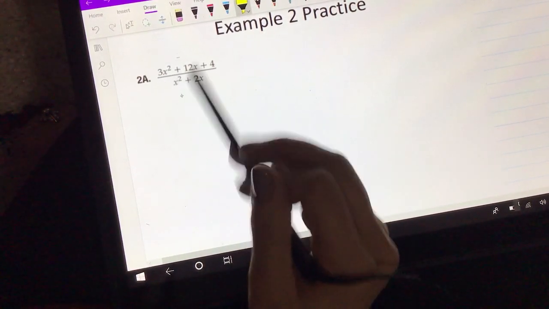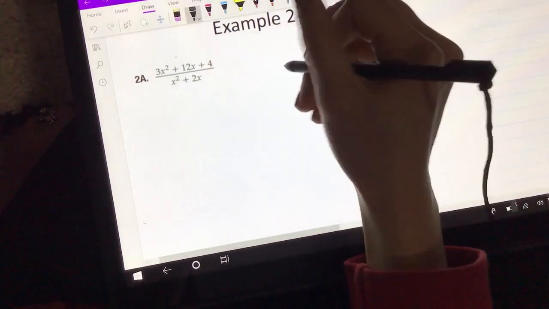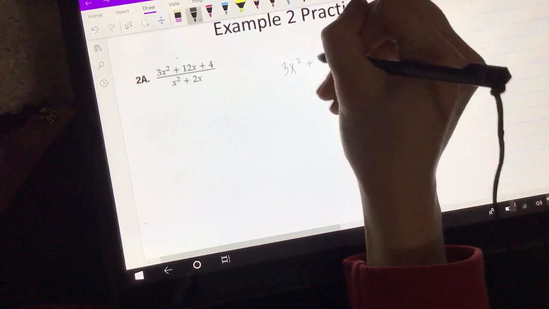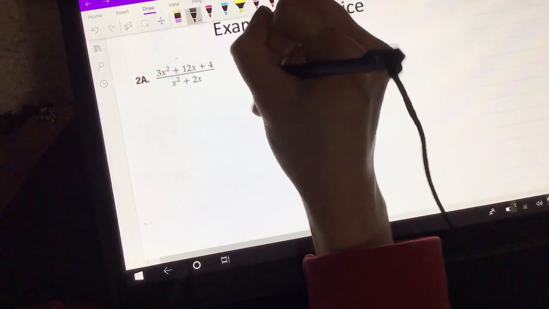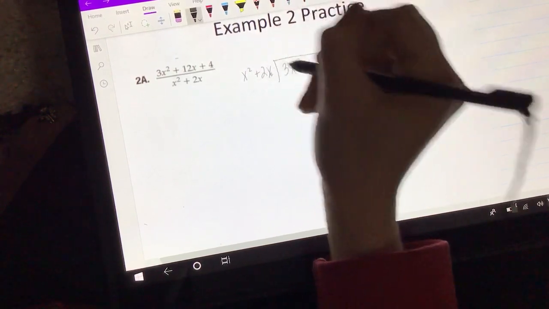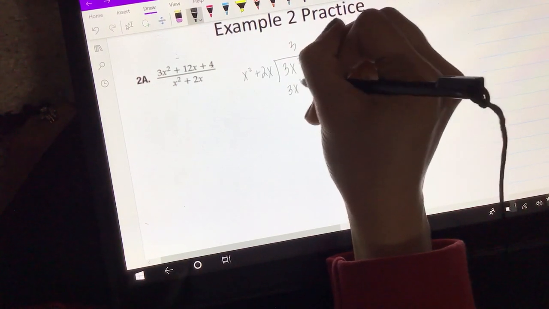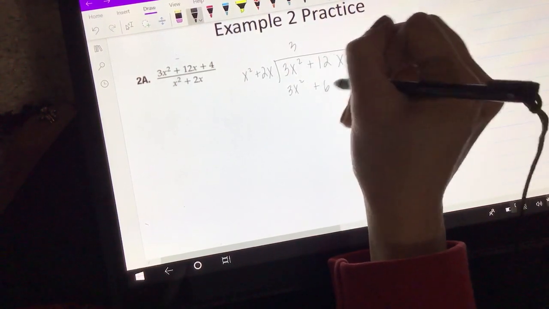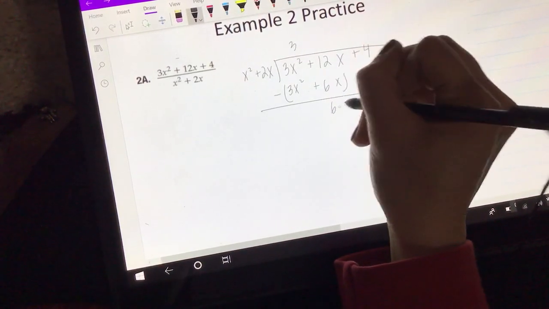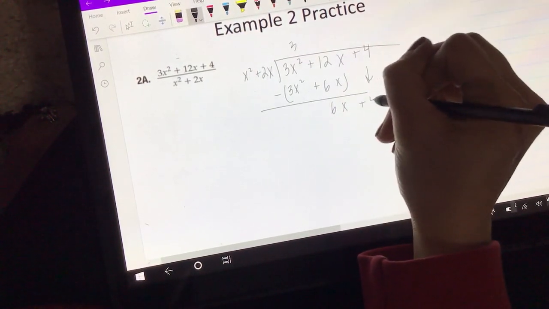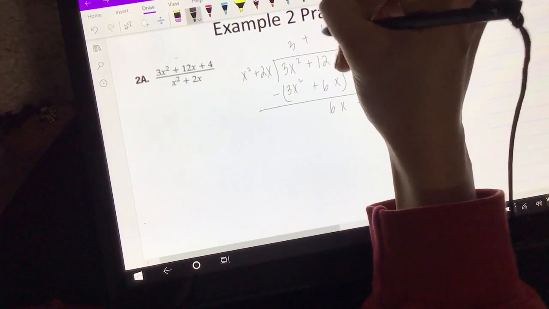Since it's an improper fraction, the first step is to divide. So divide it out. You have 3x squared plus 12x plus 4 divided by x squared plus 2x. So divide, multiply, subtract, bring down. This doesn't divide by x squared plus 2x, so it's your remainder.